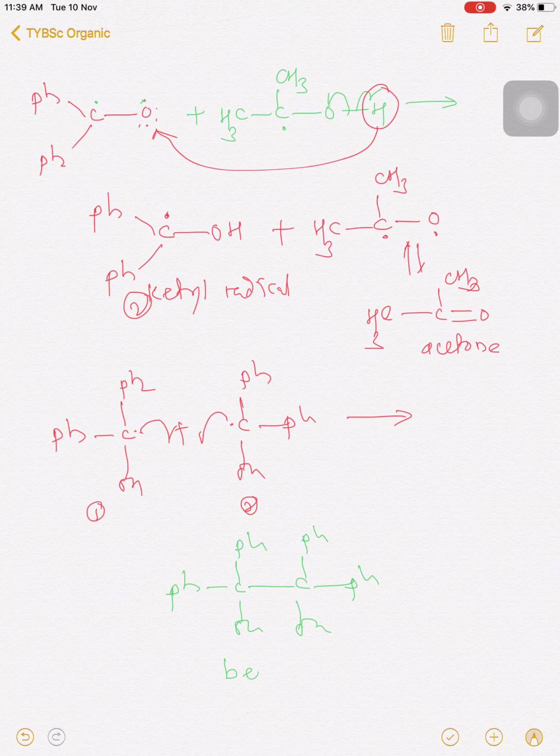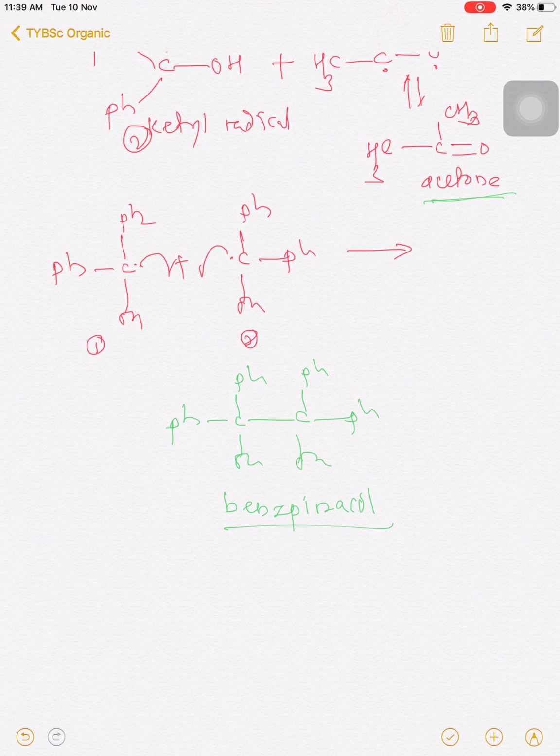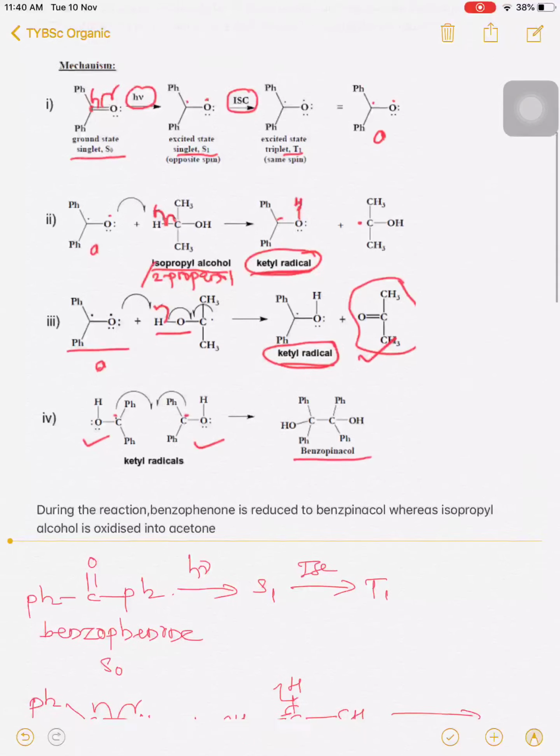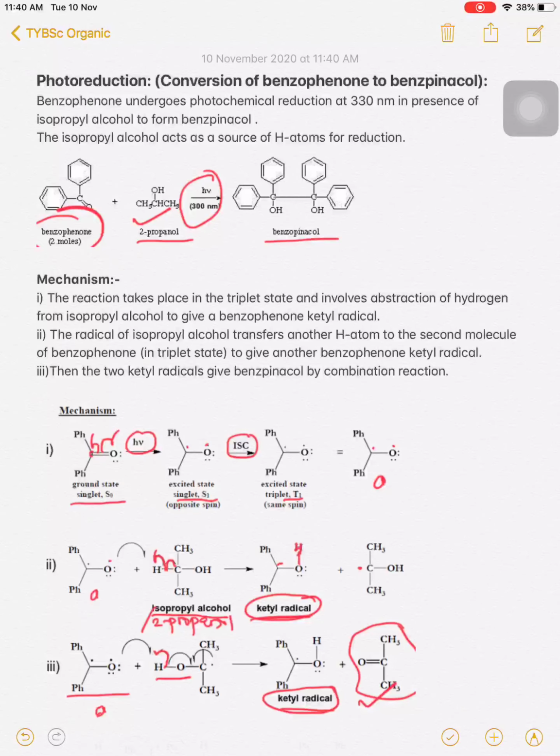So this is benzpinacol, and acetone is also formed. Here benzophenone is reduced to benzpinacol, and isopropyl alcohol is oxidized to acetone. This is overall the photoreduction reaction of benzophenone to benzpinacol.